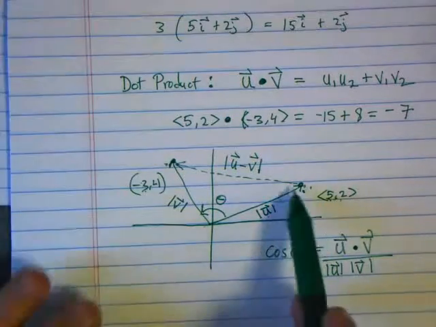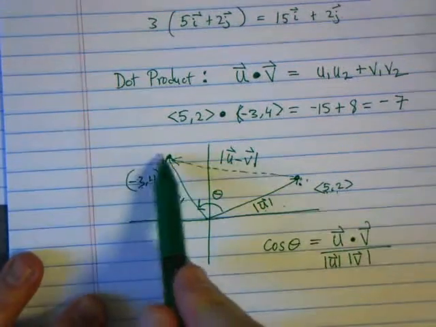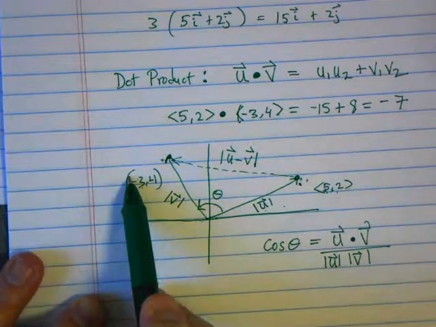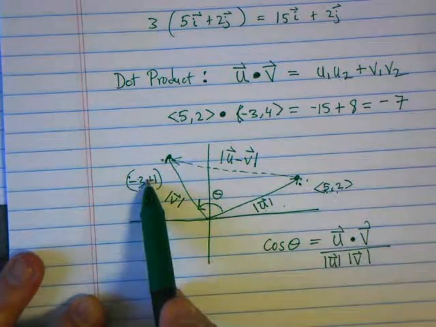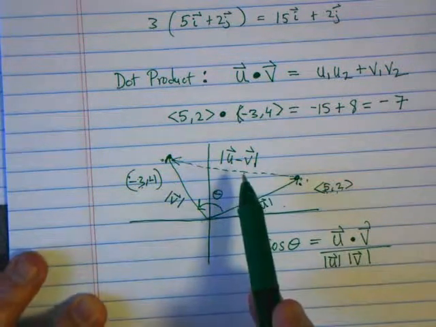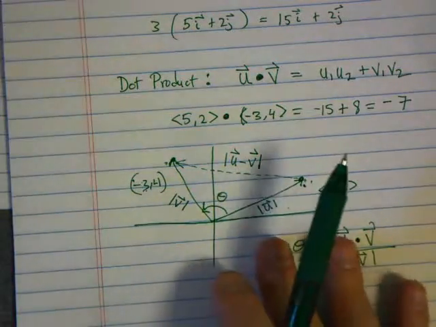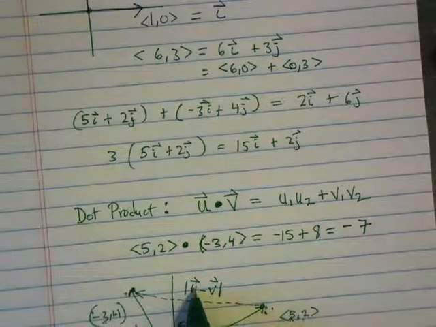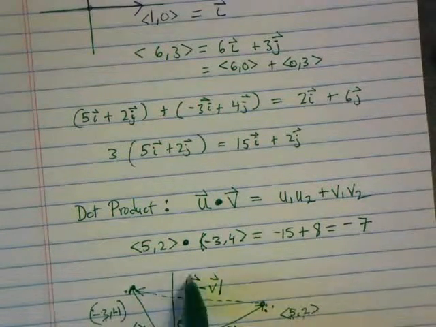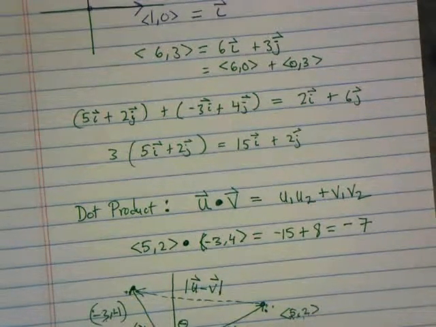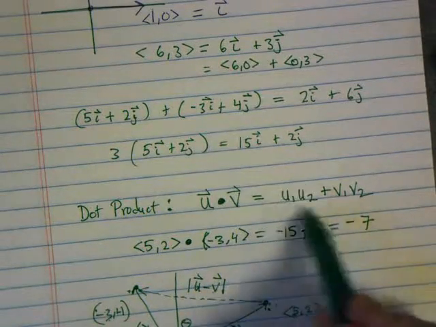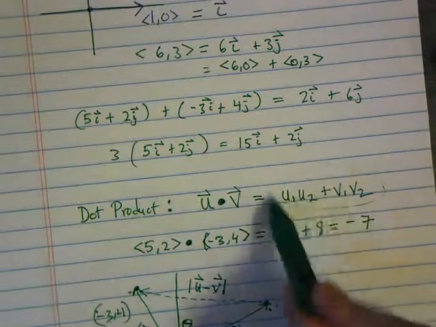Well, you'd have to use the distance formula. So you'd have to take 5 minus negative 3 and square it, and take 2 minus 4 and square it. After a whole bunch of simplifying, the x squared terms and the y squared terms would cancel out, and you would be left with this piece.